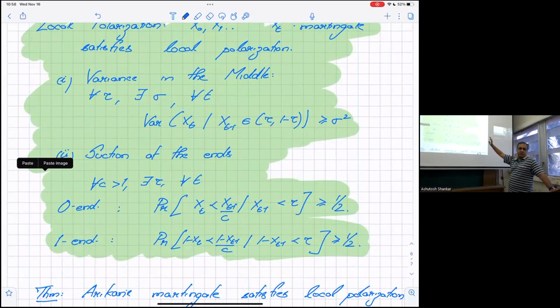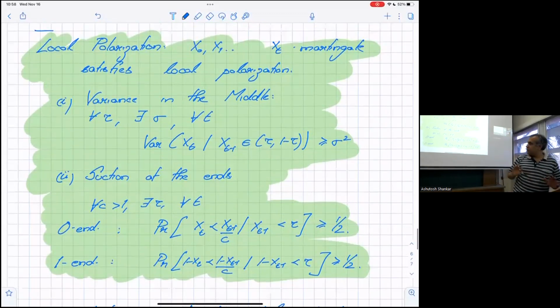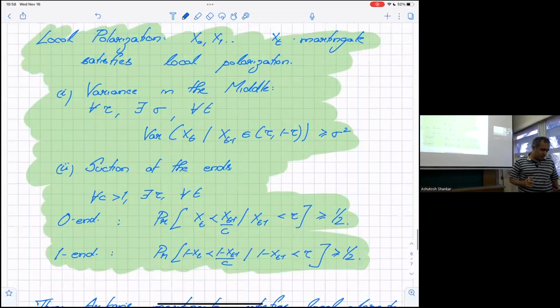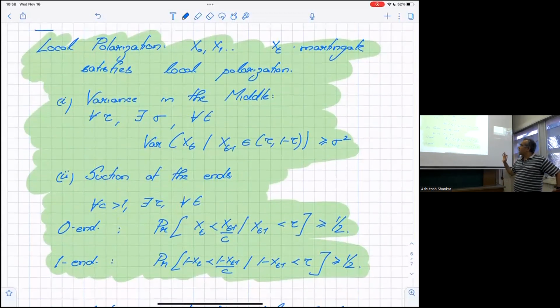It's not a global statement. I'm not asking something about x_t relative to the start, but about how x_t behaves given x_{t-1}. That's why it's called local. This property is a local phenomenon. The first thing to observe is that Arikan's martingale satisfies local polarization.